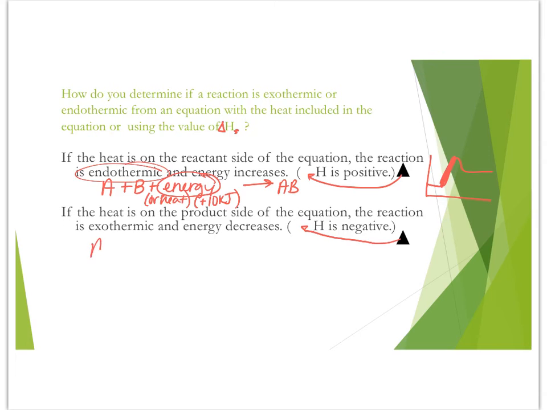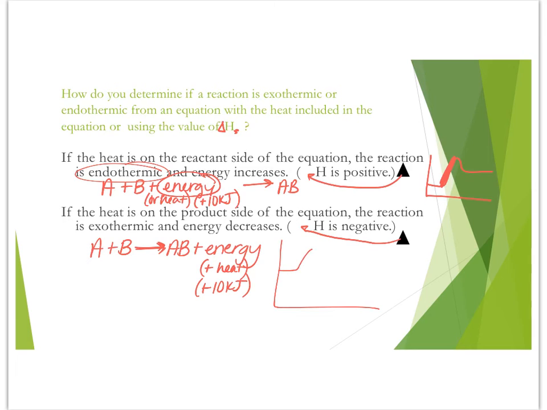If the heat is on the product side, we always add it. We don't subtract it. So it's being added to the products. So again, it might say heat. It might say plus 10 kilojoules, whatever. But if it's on the right-hand side of that reaction arrow, it's an exothermic reaction, and there's going to be a release of energy overall.